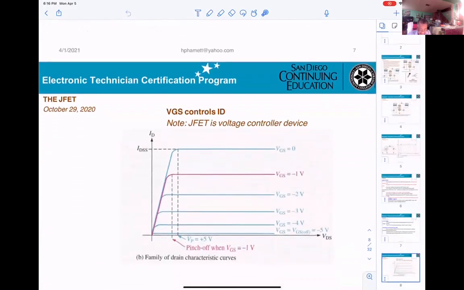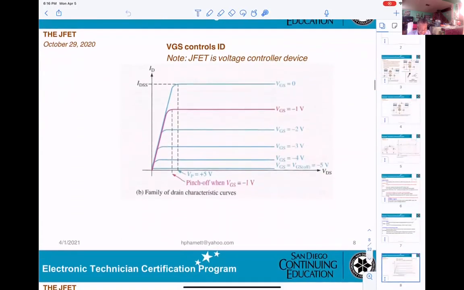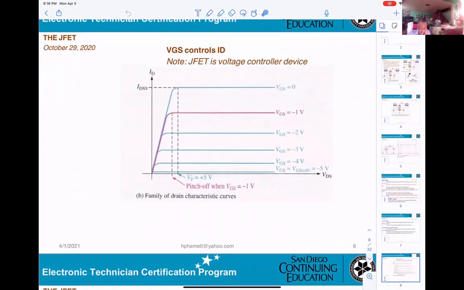Okay? Now, this will display the relation between ID, VGS and VDS. So now, at this point right here, what does VGS equal?